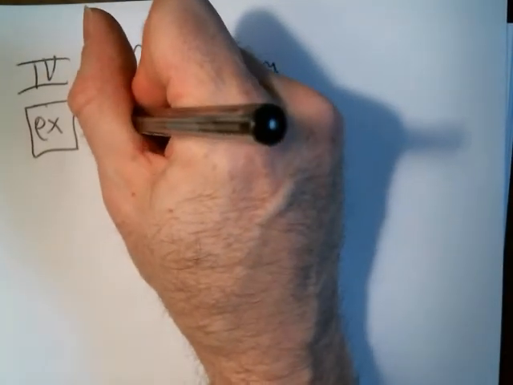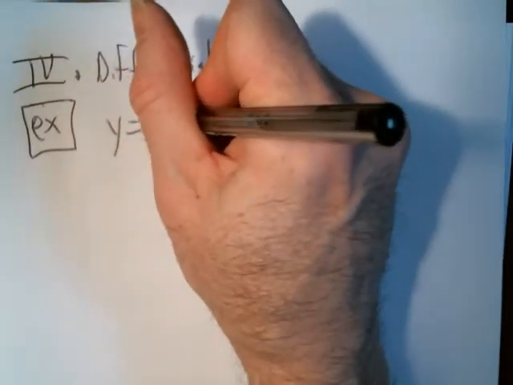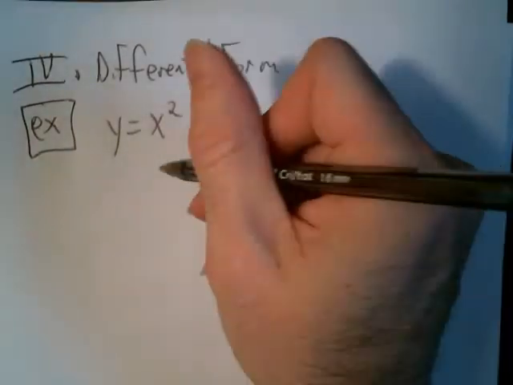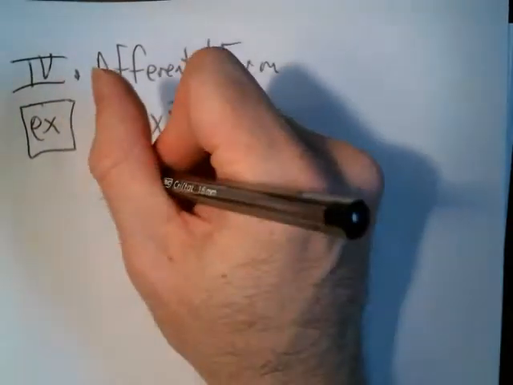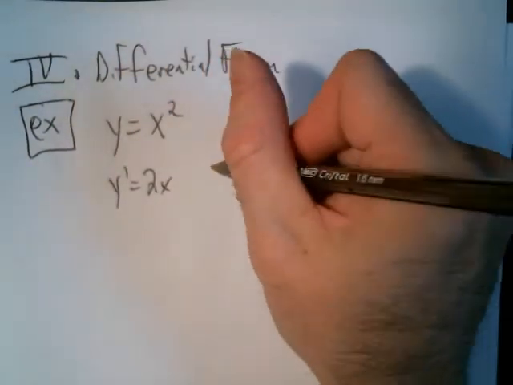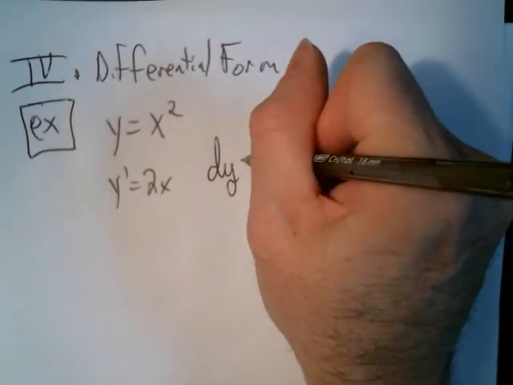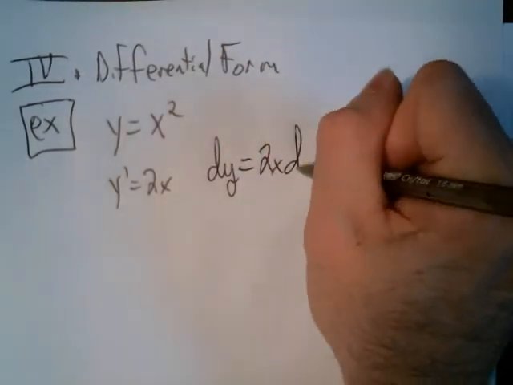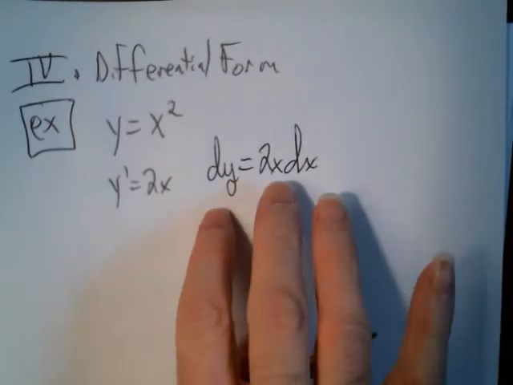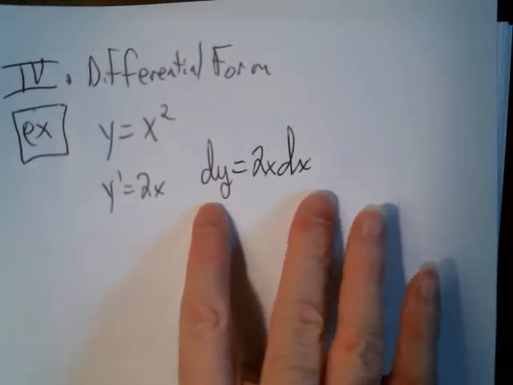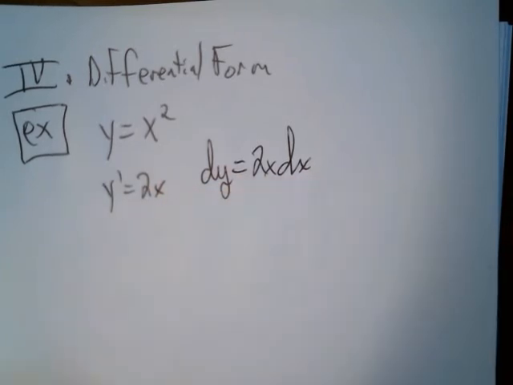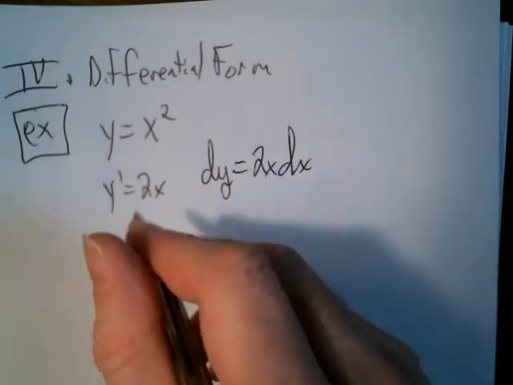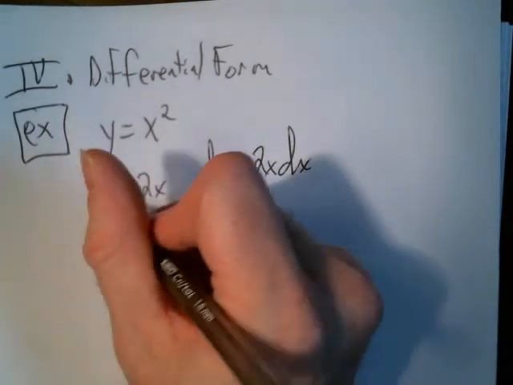You'll have some expression like y equals x squared, and then instead of going y prime equals 2x as before, the differential form will be dy equals 2x dx. Right? So it's this idea, which I think of as Newton's idea, is just keep the differentials separated so you don't have to worry about dividing by 0 or anything crazy. So I think that's what it has to do with.